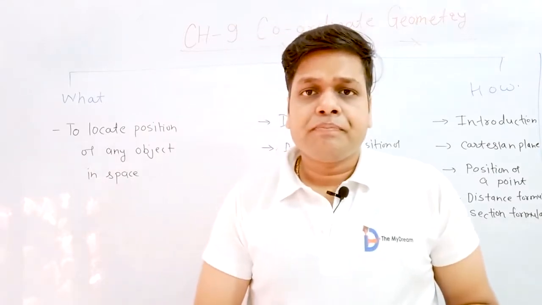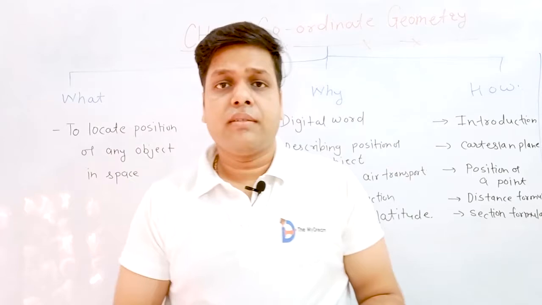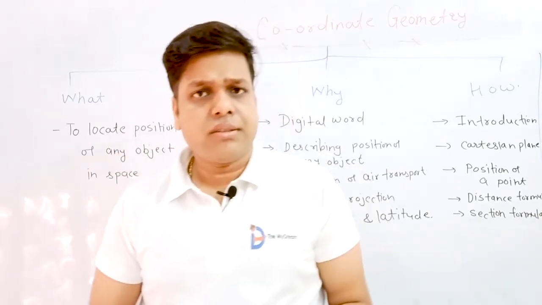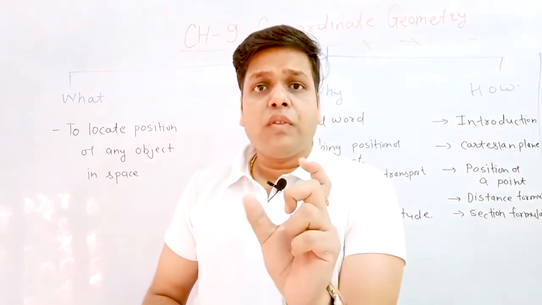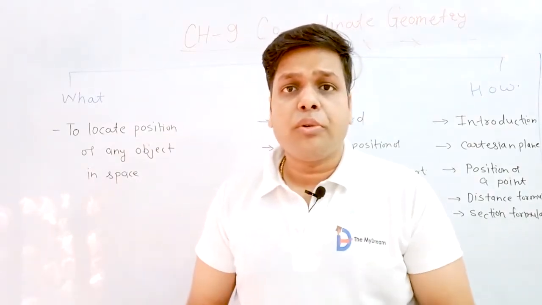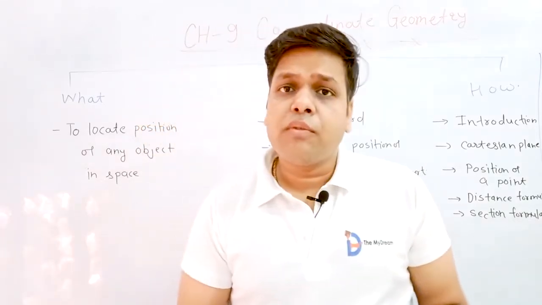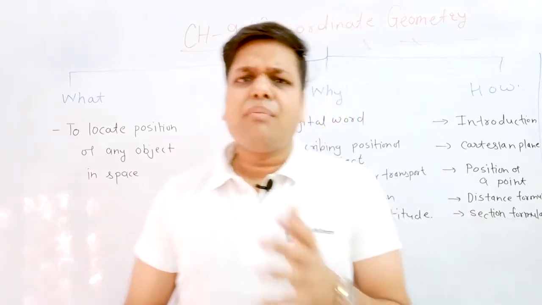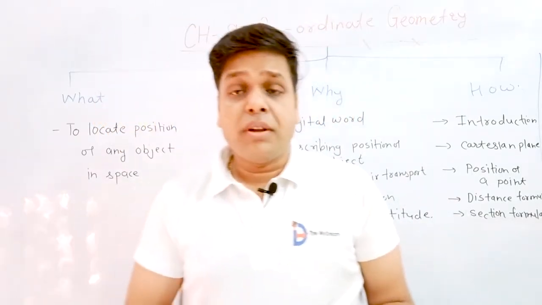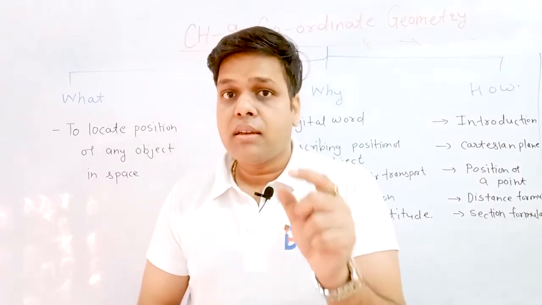Another example: longitude and latitude of the earth. The earth rotates around the sun, so what is the position of its latitude and longitude? It is all described by the concept of what? Yes, coordinate geometry. There are many uses of coordinate geometry in daily life as well as in research.